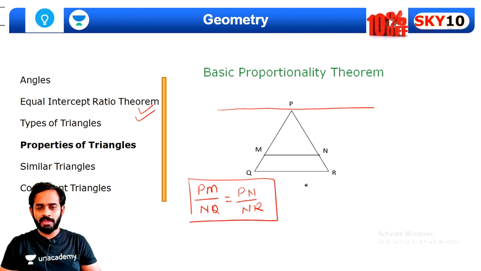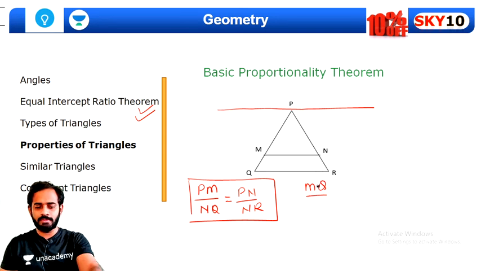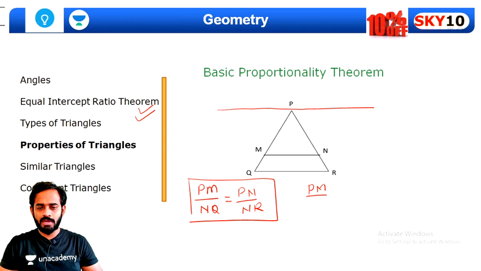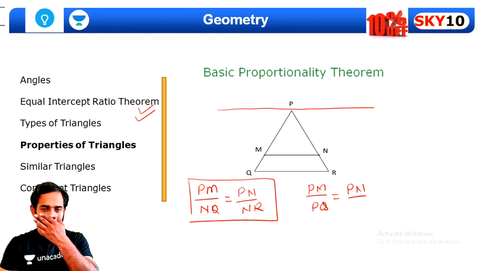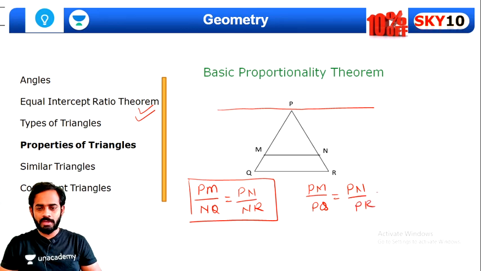Okay. Similarly, MQ upon... yeah, just a minute, guys. So PM upon total PQ is equal to PN upon total PR, is equal to, now here one extra rule I am adding, that is MN upon QR.